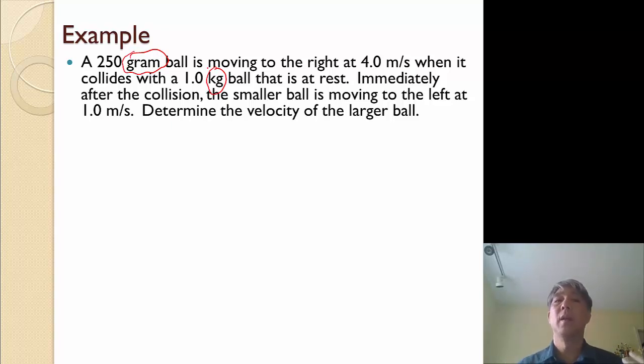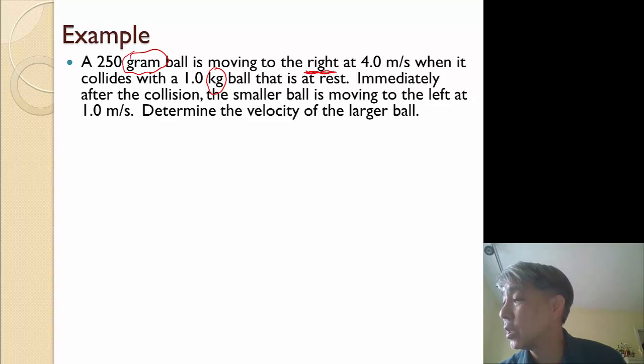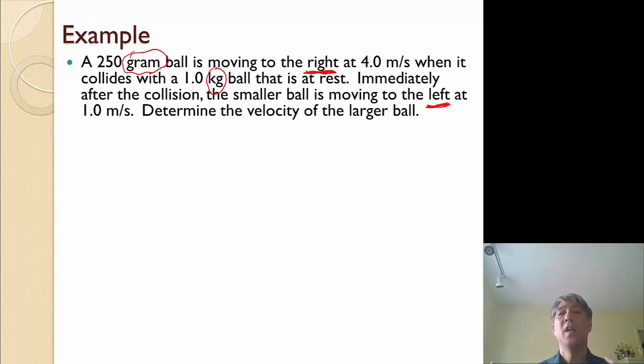Immediately after the collision, the smaller ball is moving to the left at 1 meter per second. So be careful: this one was initially moving to the right, and afterwards it's moving to the left. That's where the vector nature of momentum and velocity comes in. The question is, determine the velocity of the larger ball after the collision.